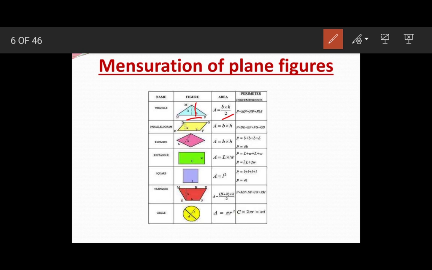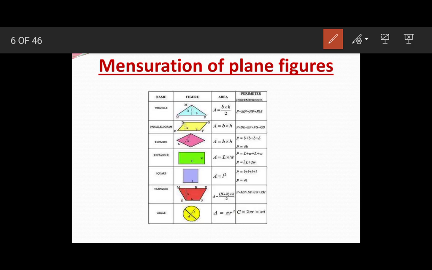So area of a triangle is base into height upon 2. Then perimeter is the sum of all the sides, so MN plus NP plus PM.